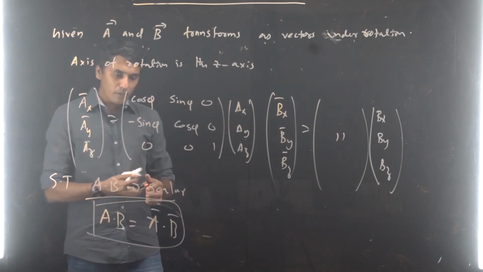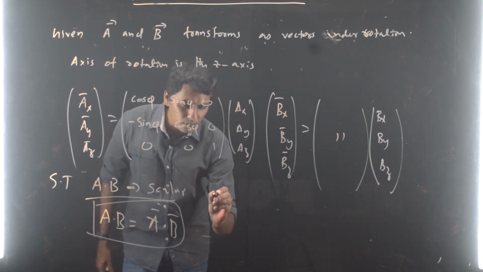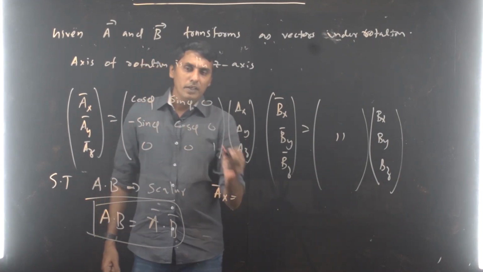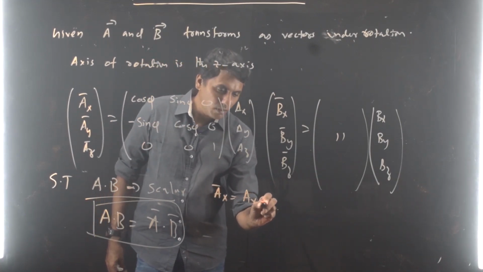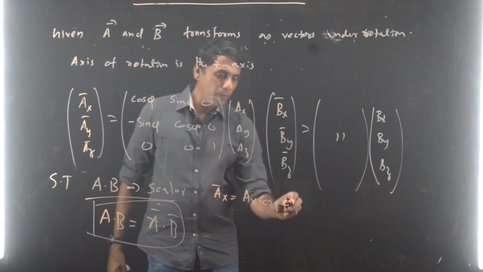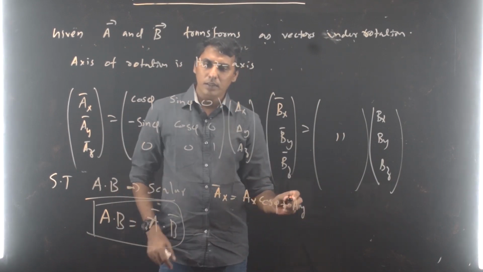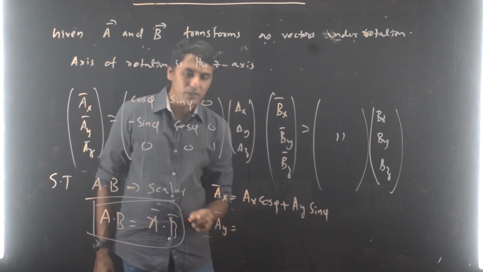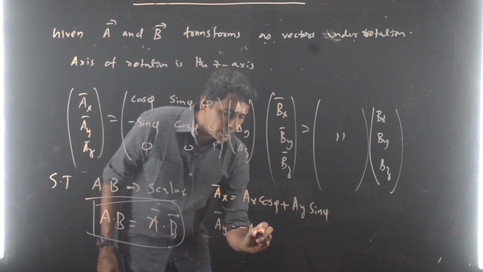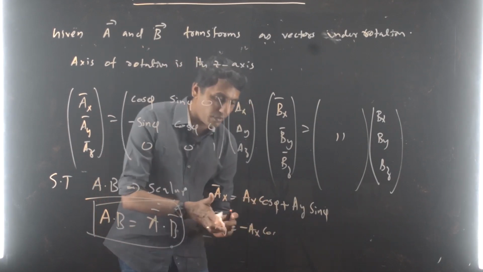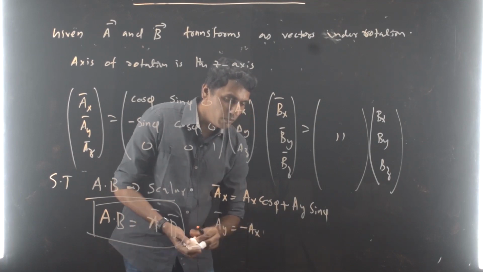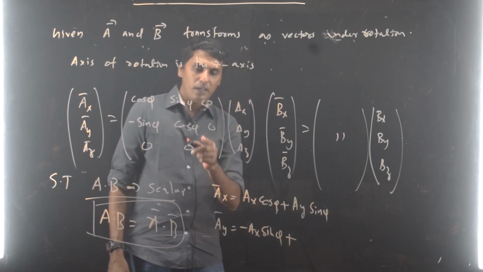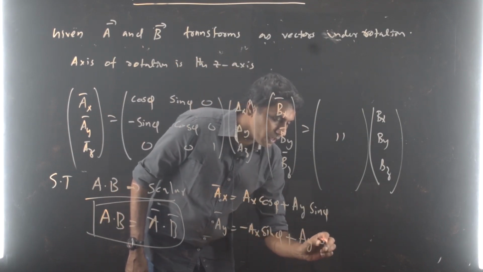So what is your Ax bar? Your Ax bar is equal to Ax cos phi plus Ay sin phi, and your Ay bar is equal to minus Ax sin phi plus Ay cos phi.